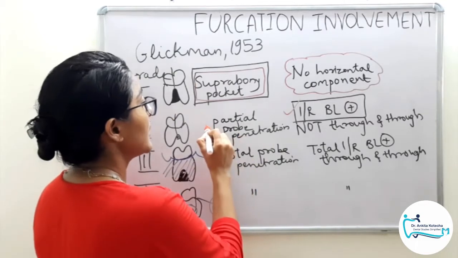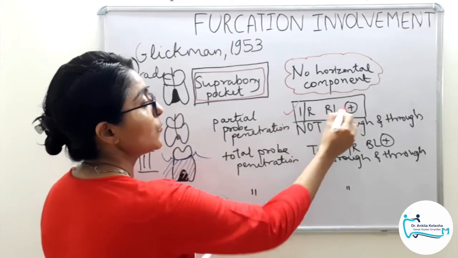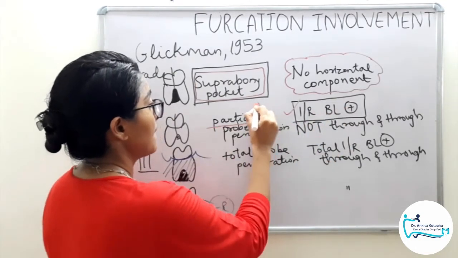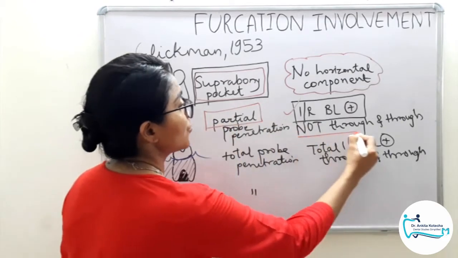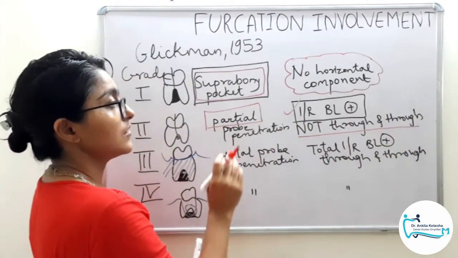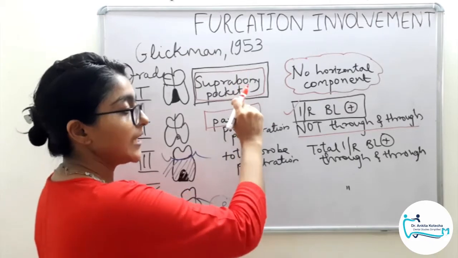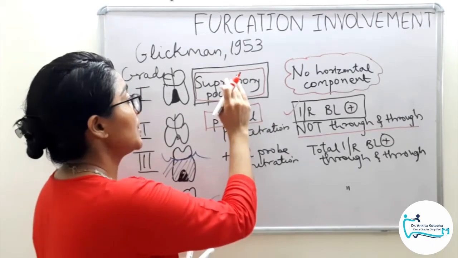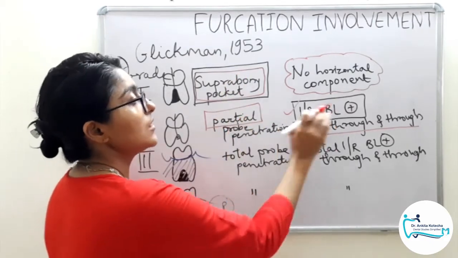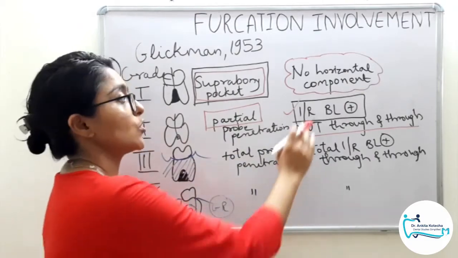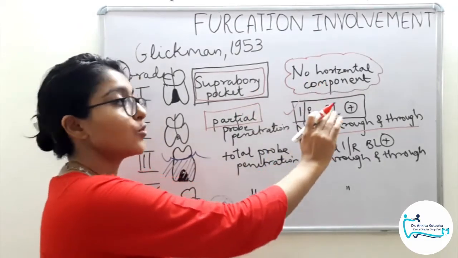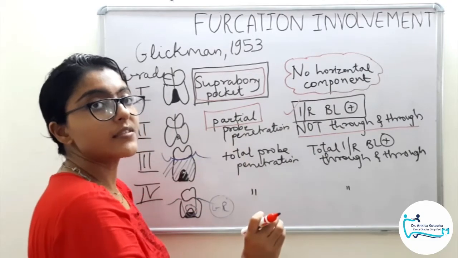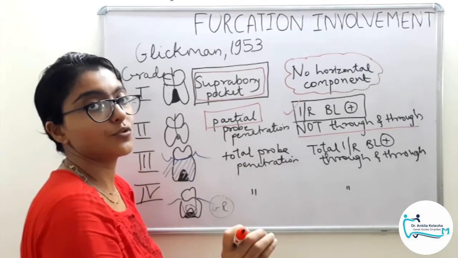Clear? Grade 2 is interradicular bone loss present but only partial, that is not through and through. This is the main difference between grade 1 and the rest of the grades, and between grade 1 and grade 2, the amount of interradicular bone loss. Here no interradicular bone loss, here partial interradicular bone loss, that is not through and through.